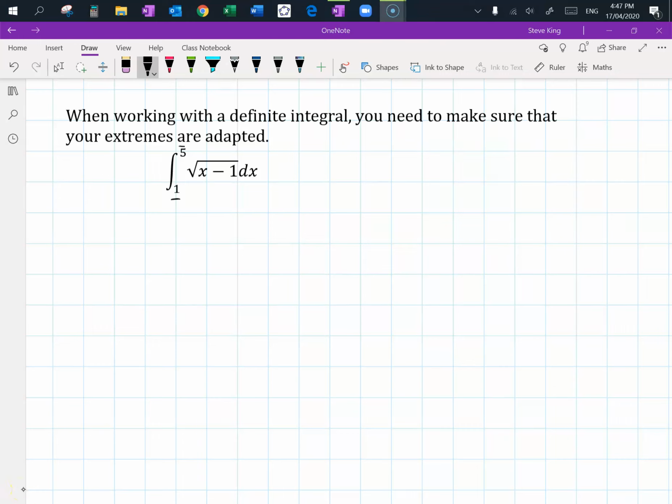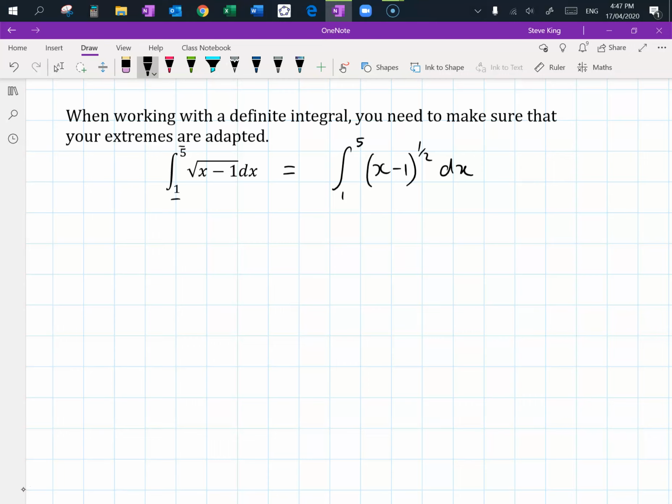So let's take a look at this one. I'm going to start off by rewriting this as x minus 1 to the power of a half dx. I think it's just going to be easier working with an index rather than with a square root sign.